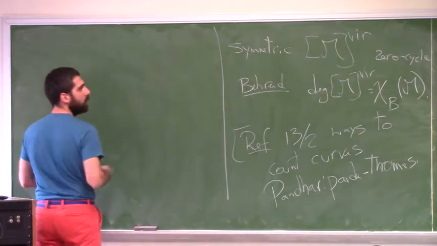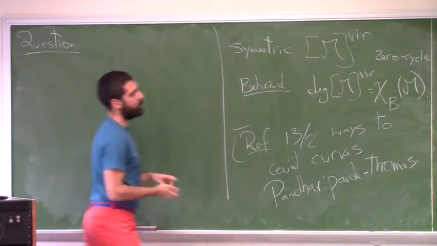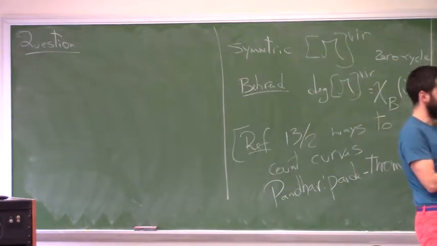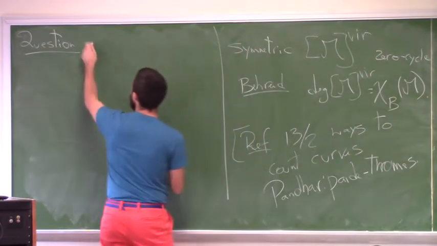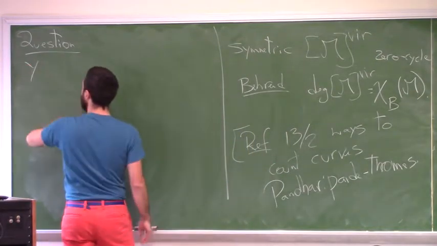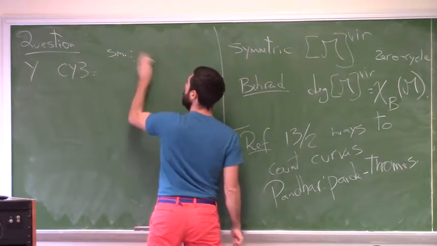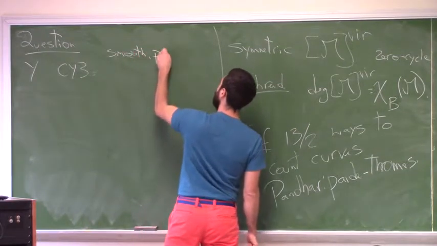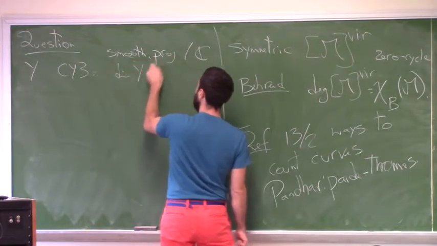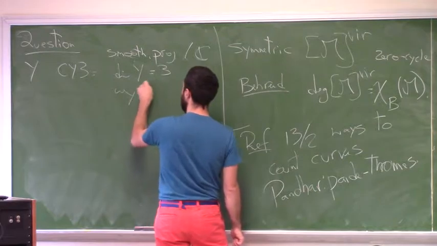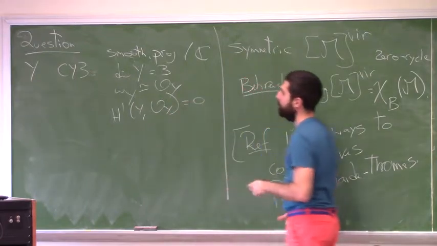So let me go back to the question we want to ask. Now we have these DT numbers, which are defined in terms of this weighted Euler characteristic of the Hilbert scheme, and we can ask the following question. So Y will be a Calabi-Yau threefold, which for me means smooth and projective over the complex numbers, of dimension 3, and the canonical bundle of Y is trivial, and also H^1 of the structure sheaf of Y is 0.